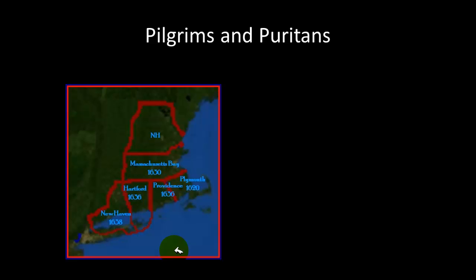Now, the next religious conflict we'll spend time studying, something that's near and dear to all of our hearts, something that we all are very familiar with, is the Pilgrims and the Puritans. This map represents the United States at that time, and it shows us the different colonies.